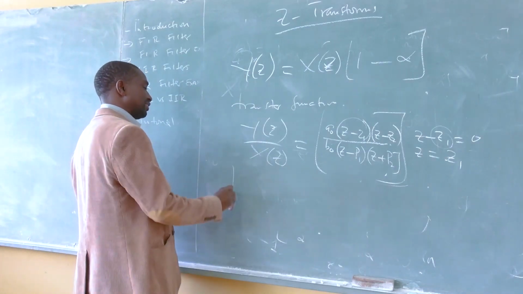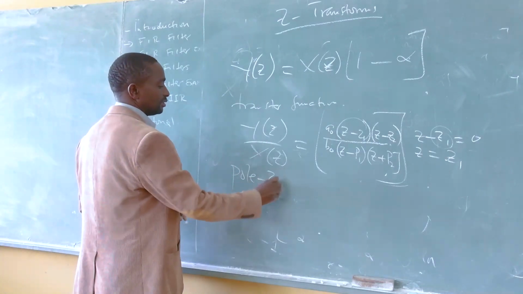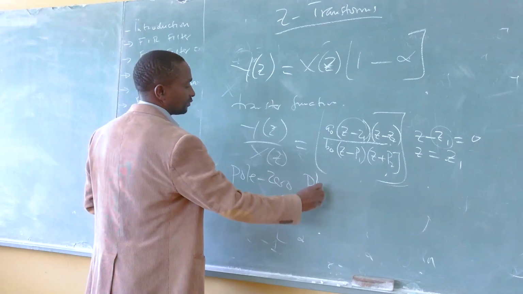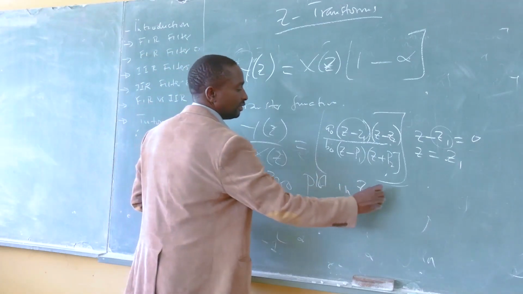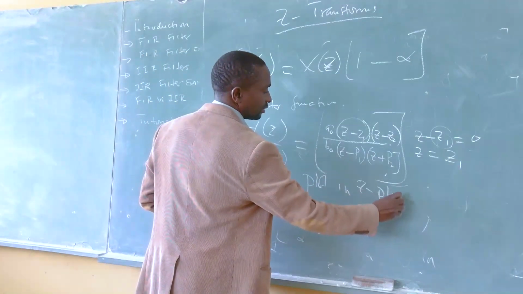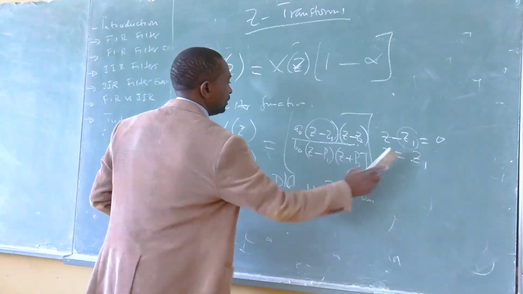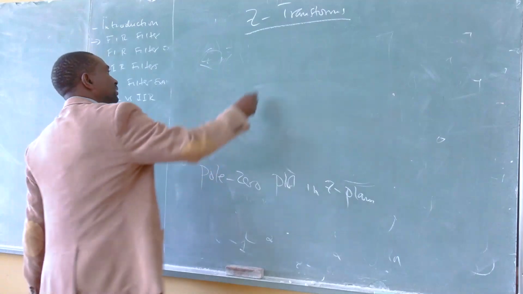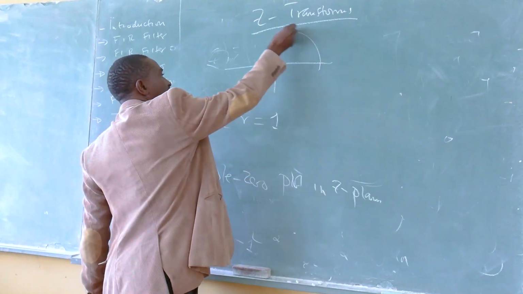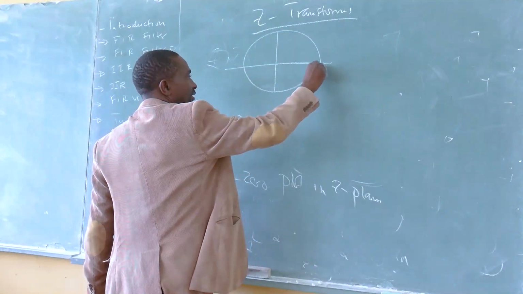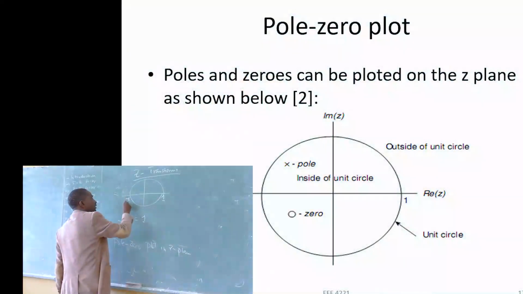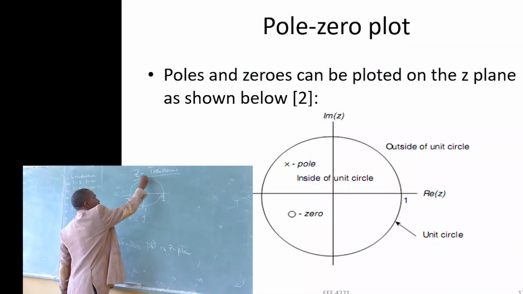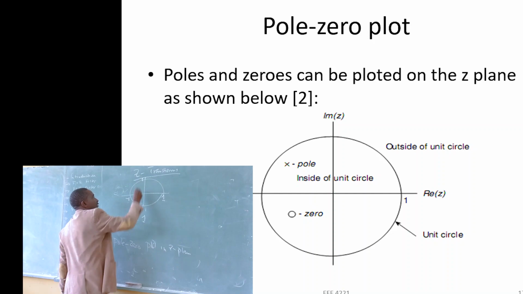This leads us to what is known as the pole-zero plot in the z domain, or z plane. You can plot these poles and zeros in the z plane, and this will form what is known as a unit circle, where this is positive 1, minus 1, minus 1, positive 1.